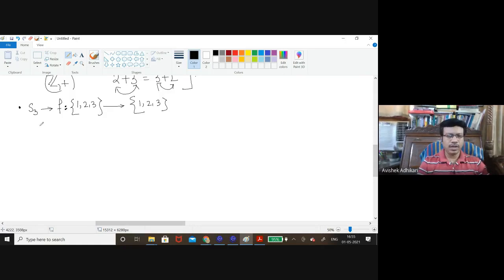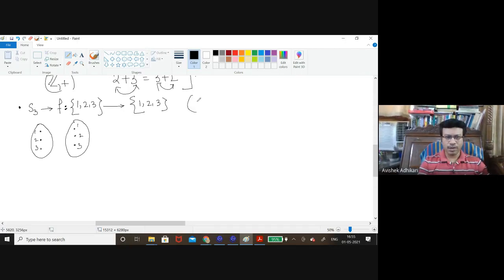Okay, let's have a look. Here I need a bijective mapping. You remember what a bijective mapping is? That is injective as well as surjective. So here 1, 2, 3 and 1, 2, 3, I need to have both the properties.